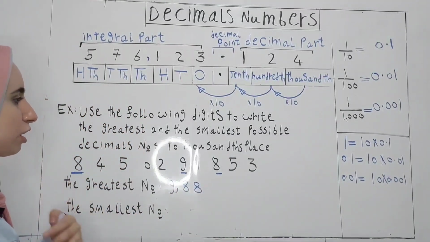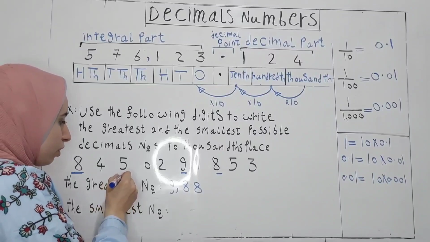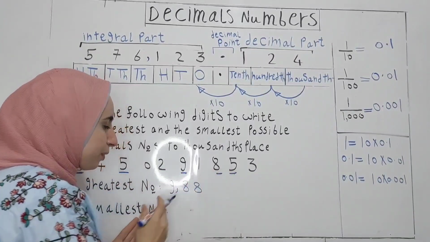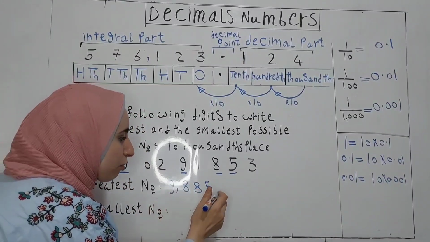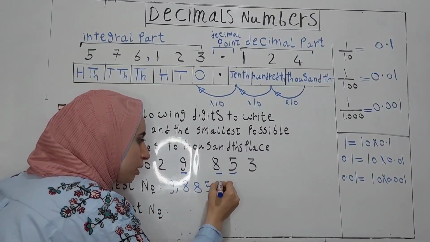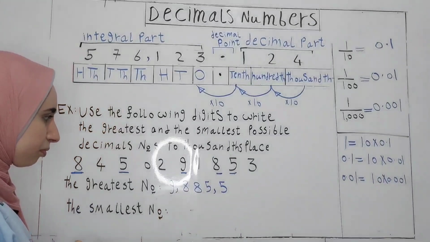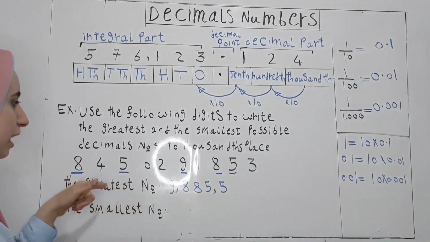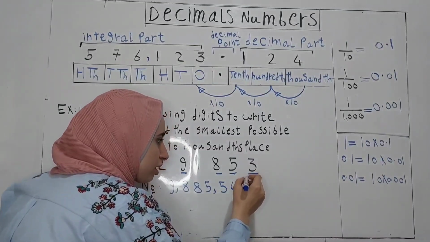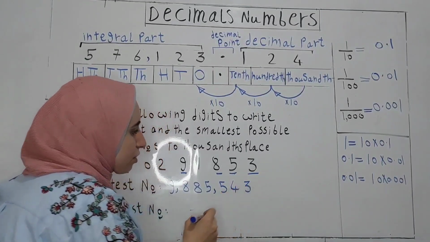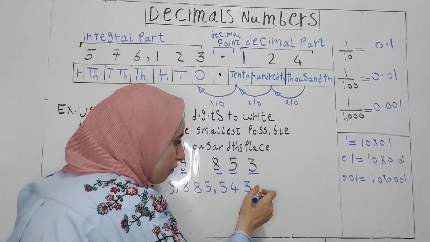And the next larger digit is 5. We found 5. So we put 5 and we finish the family of millions. We make a comma, then we put another 5. The next larger digit is 4. So we put 4 and the next larger digit is 3. We finish the family of thousands.